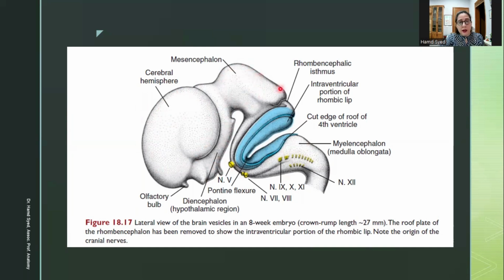And then comes the rhombencephalon, the hindbrain area, which is now subdivided into the metencephalon and myelencephalon by the presence of the pontine flexure. Now, this myelencephalon is the caudalmost secondary brain vesicle, or you could say the caudalmost part of the developing brain, and this is going to form our medulla oblongata.